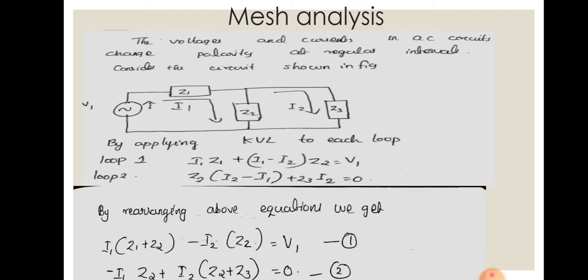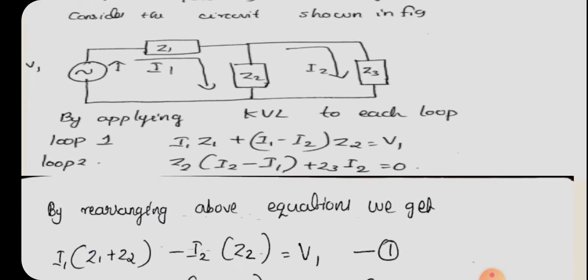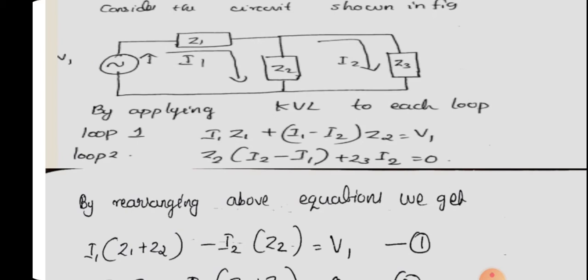Considering the first loop, starting from V1 we can write the equation as V1 minus Z1 into I1 minus (I1 minus I2) into Z2 equal to 0. That is the first equation.